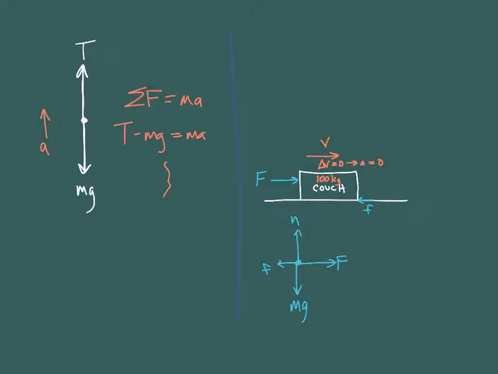In this case, it would have to be equal when you sum the forces, because if acceleration is 0, in the x direction, F minus f would equal 0, which means magnitude-wise they're the same. So I would have to come back and correct my diagram and make those equal, since it's constant speed, meaning 0 acceleration.